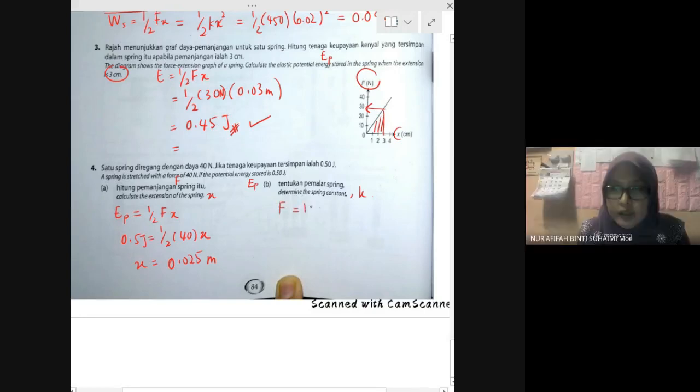F we have 40. We also already have x, which is 0.025 meter.